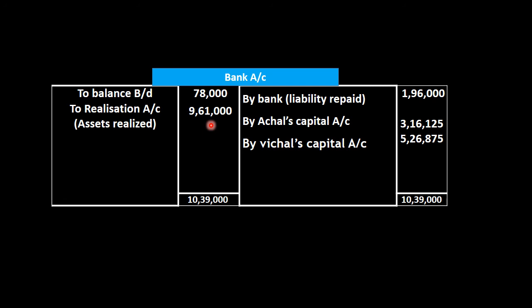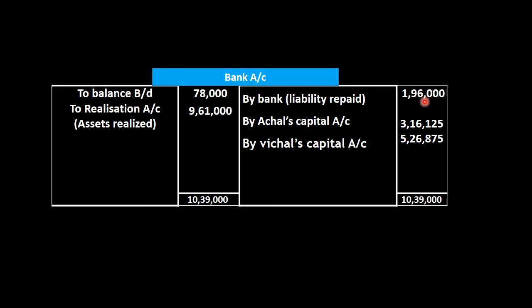After putting all types of realized value of asset, our next step is repayment of liabilities. When we make repayment of liabilities, in total we have to repay 1,96,000 here. वैसे liabilities था 2 lakh का, but 4,000 discount was given in the question for creditors. When we make repayment of liabilities after discount, we have to make repayment of 1,96,000.